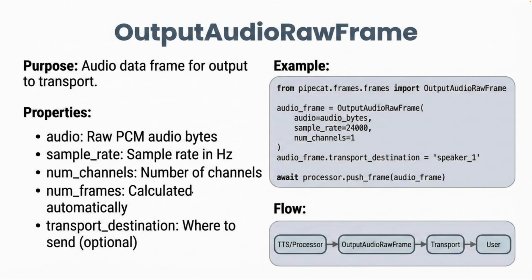But if many people are speaking, then we have multiple channels, so the number of channels is more. And the number of frames is calculated automatically based on number of channels and sample rate, I believe.